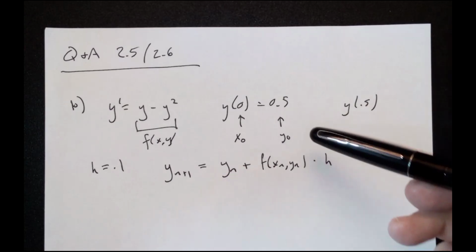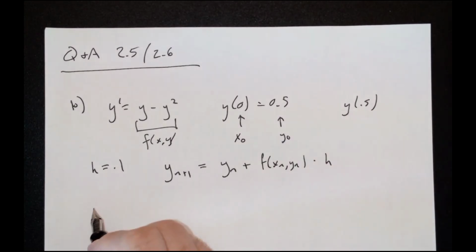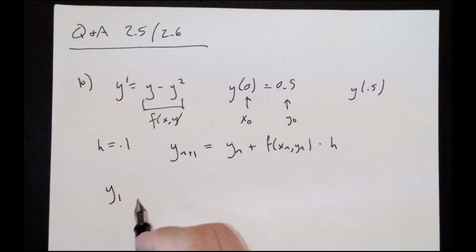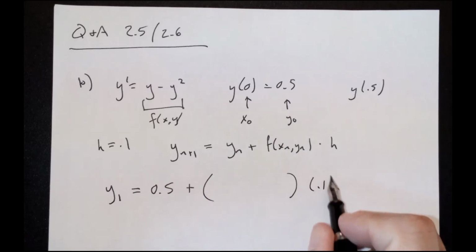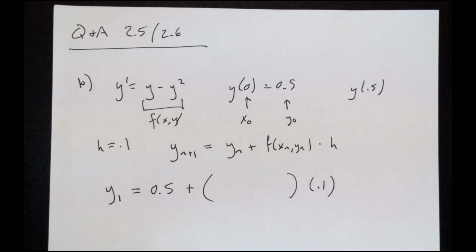I'm starting with y0. So to do y1, I do y0 plus something times 0.1. And the something comes from here.